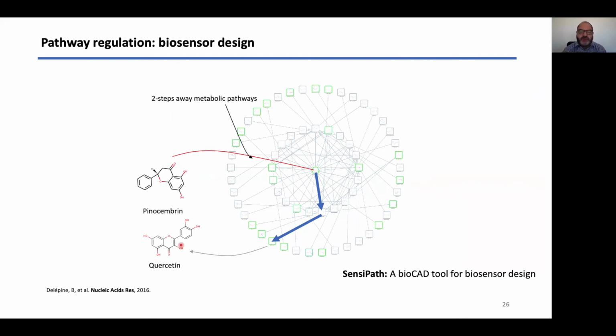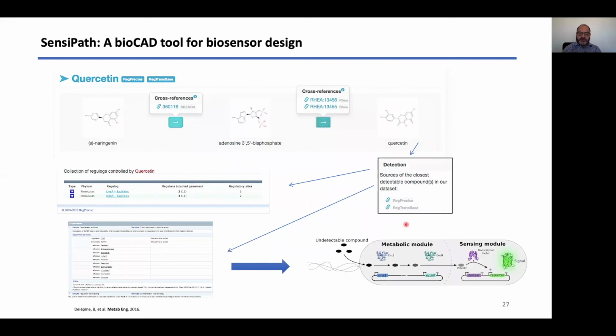So you can use it as a reporter, so that it tells you the presence or not of quercetin. But through several steps, we can convert other molecules like pinosembrin into quercetin. And this is what this tool tries to do, to find ways of having a biosensor for any given target.